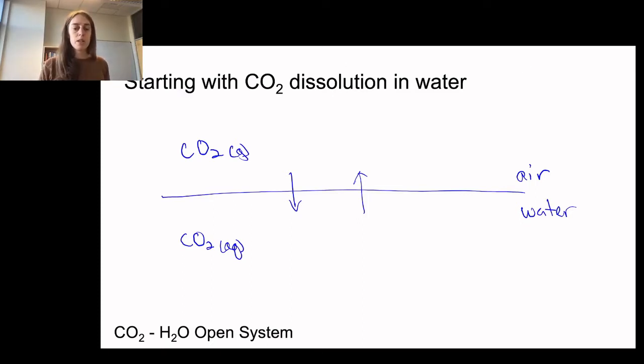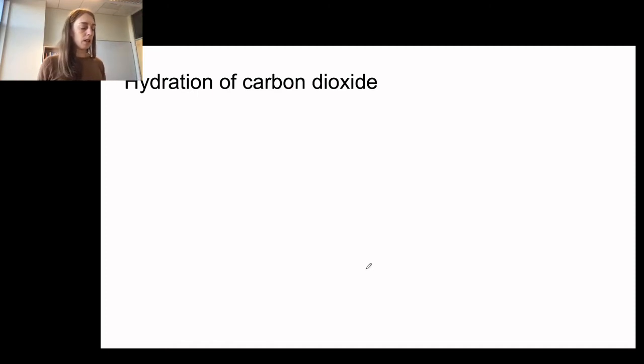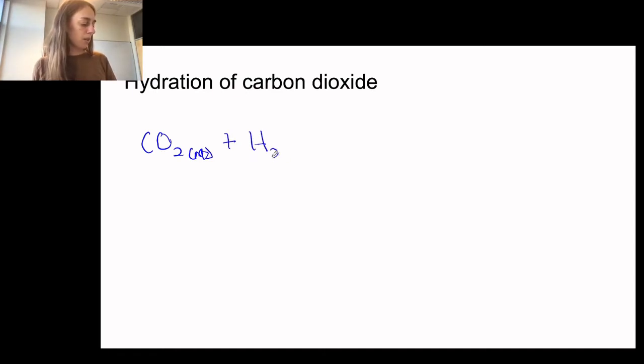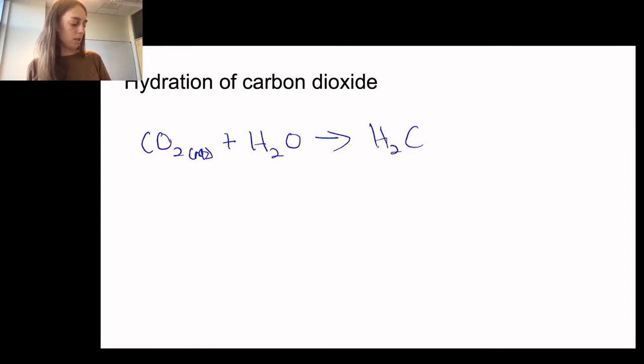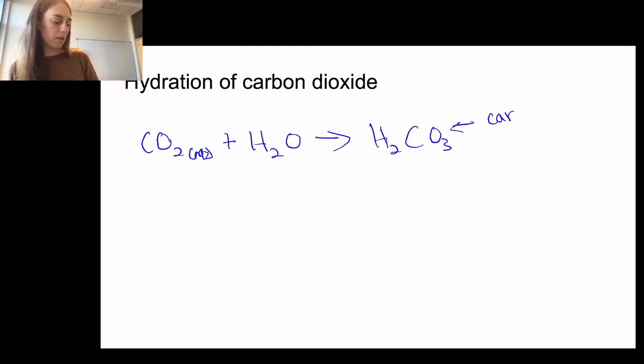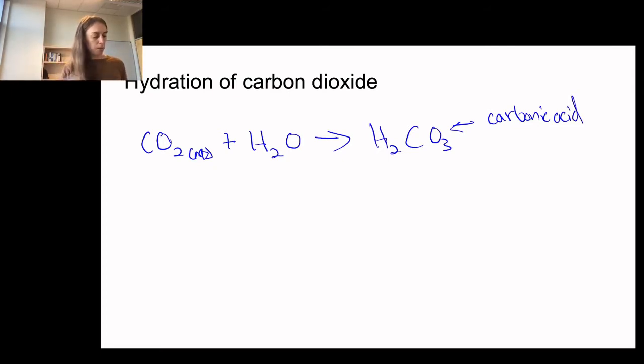Once we get CO2 into the water, we can start really rolling here. So the next thing we do is we take that carbon dioxide and we hydrate it. So the equation for this is CO2 in aqueous form, just beautiful handwriting, plus water yields H2CO3. And this, by the way, is carbonic acid. Okay, and as we've had with everything, we know that we have a bunch of equilibrium constants.